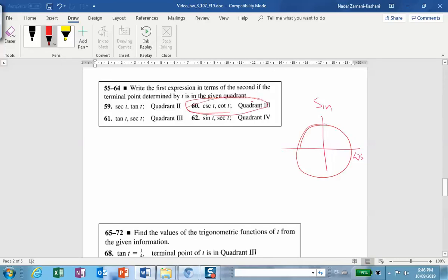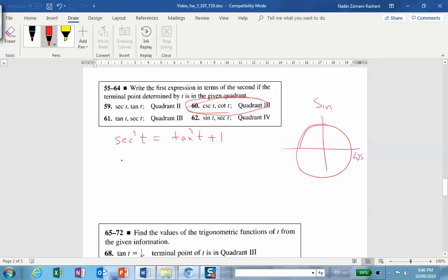Now, just like the identity that I wrote for you, remember I wrote down secant squared t is equal to tangent squared t plus 1. This is something that we did in class, and it's a very important identity. I just did it again for you.